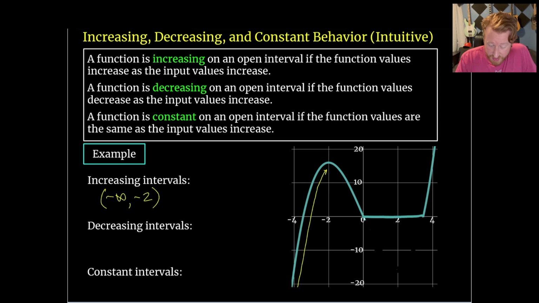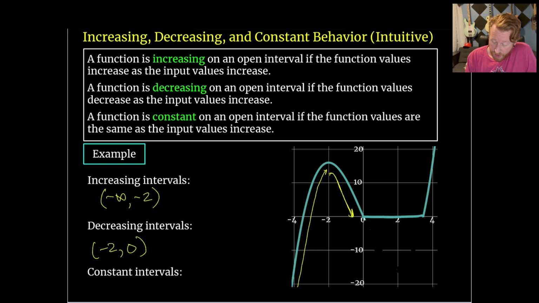From there, this starts to turn around and come back down. We'll put this all together at the end, but from -2 to 0, we have a decreasing interval. As we're moving from left to right, the inputs are getting bigger and the function outputs are getting smaller.